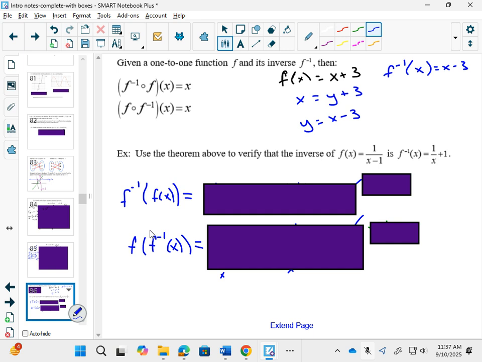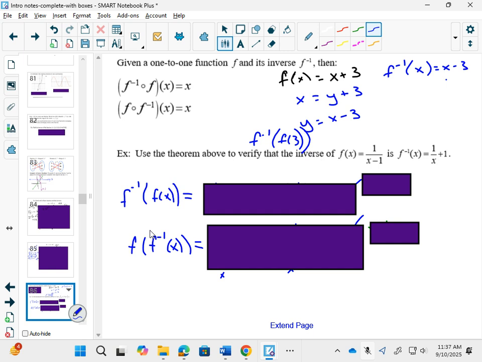So in my situation here, I wanted to do f inverse of f of 3. Well, what does this mean? This means I'm going to plug in 3 into f of x, and I get 6. Then 6 goes into f inverse, and I undo what I just did, and I get 3 back again.